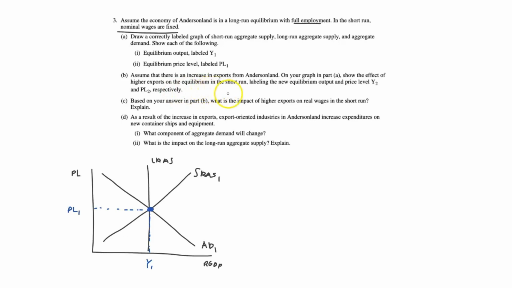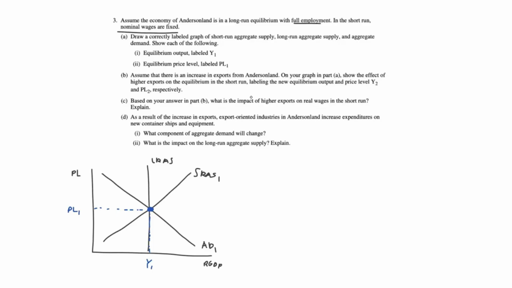Okay, so we get an increase in exports. Now, an increase in exports, net exports is one of the things that can shift aggregate demand, right? Aggregate demand is made up of a bunch of things: consumer spending, you have investments, government spending, all of that. So if there's anything that changes those factors, then you get a shift in your aggregate demand.